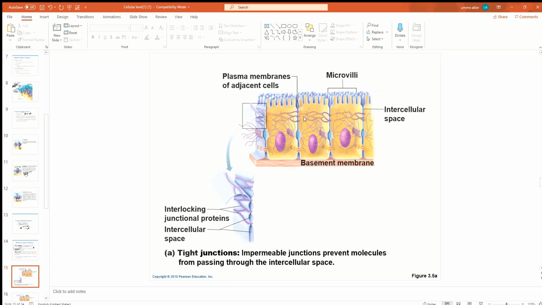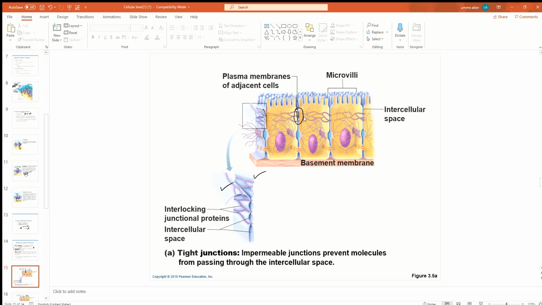Here you can see all three types of junctions have been shown. This one here is the tight junction. You see the cell membrane here and here, these two cell membranes.